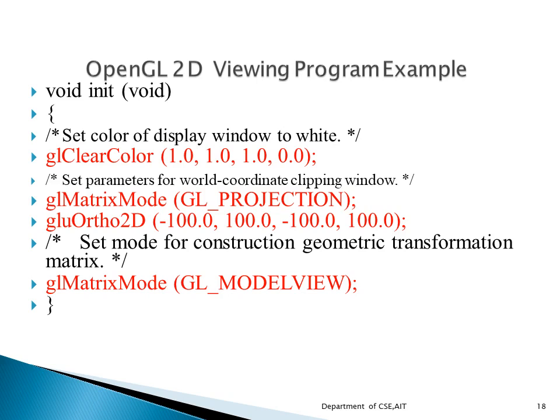These clipping window boundaries are usually floating point values, that is, double precision values. If I want to set the mode for the construction of the geometric transformations, you have to bring the matrix mode back to GL modelview. So this is about the init function, which is part of an example program.